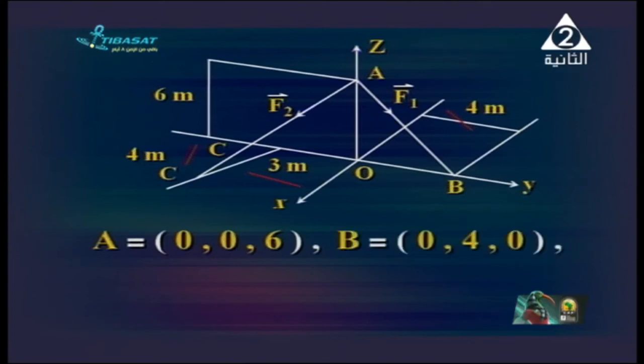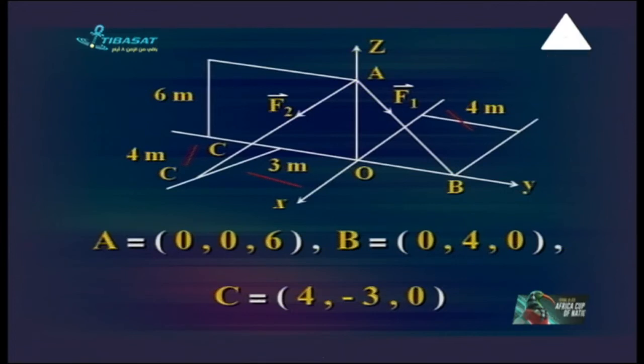It lies on the Y axis, 4 units from the origin, with 0 in X and Z. Coordinates of B are (0, 4, 0). Also the coordinates of C are (4, negative 3, 0). Look at point C, it lies on the XY plane.